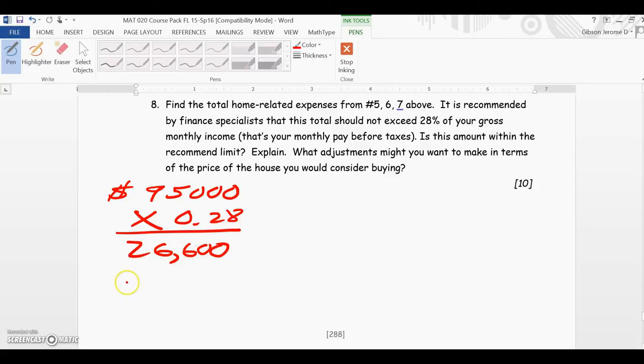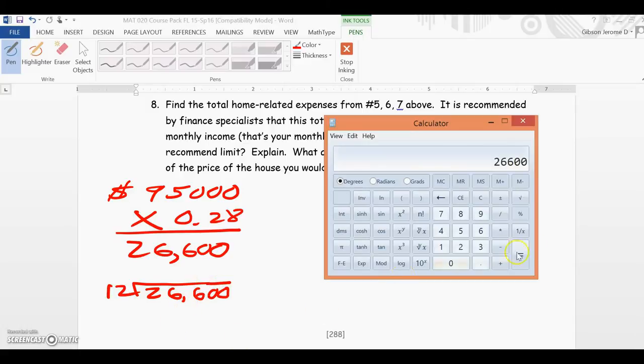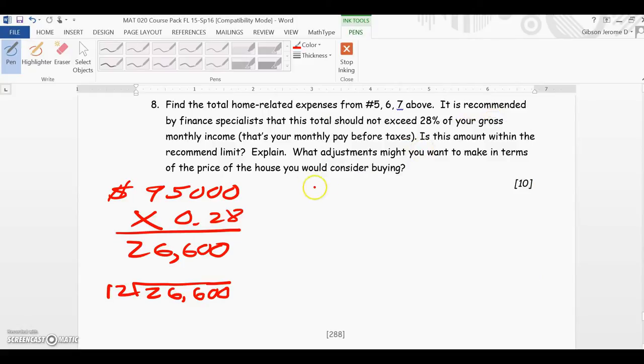Now we have to take this value and divide it by 12 to see how much we pay per month. So we would take this $26,600 and divide it by 12, and that would give us $2,216 and about 67 cents. Okay, so this is how much it is for the 28%.